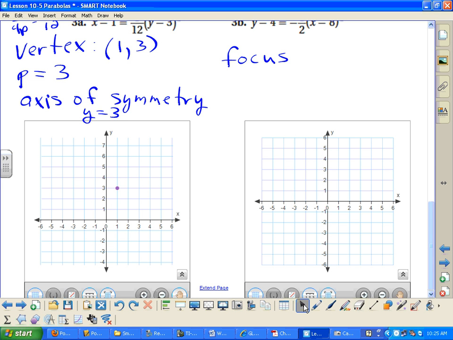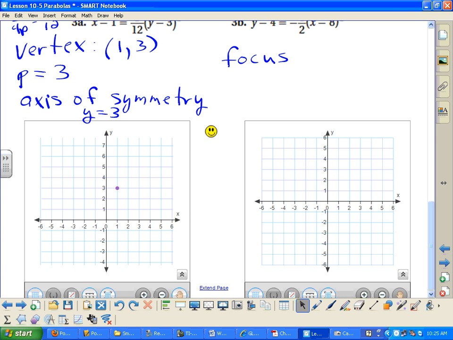Okay, so our graph is going to look like this. It's going to come from here, go there, and go that way. So that's what our graph's going to look like. So that means the focus then is going to be to the right.